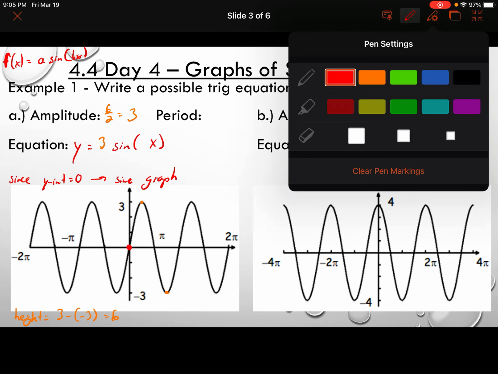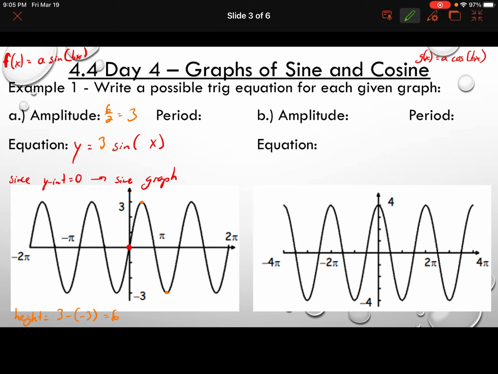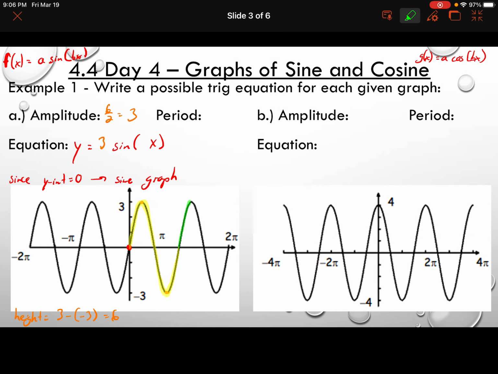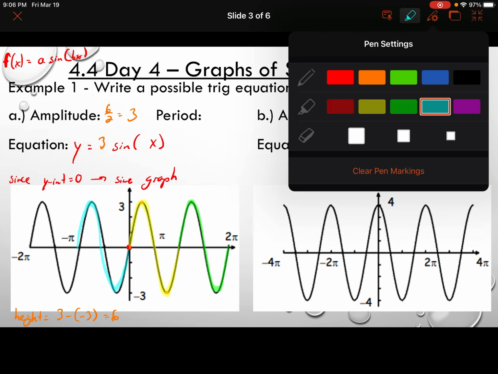Now we have the period. Remember, the period is how long the curve takes to complete one cycle. Let me highlight it here. It looks like this curve takes 1 pi to complete one cycle, because from there it just repeats the same curve pattern over and over. Here's another cycle, and if we go the other direction, this is another cycle.